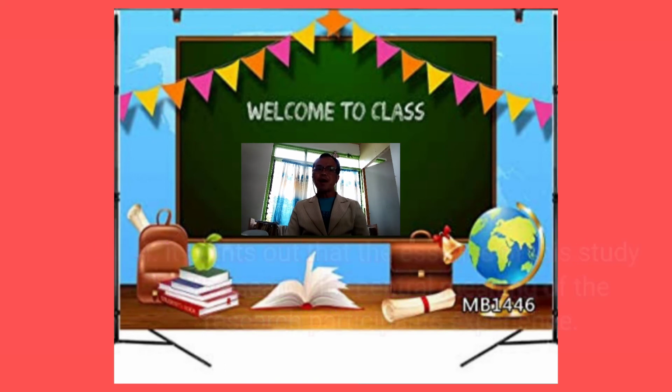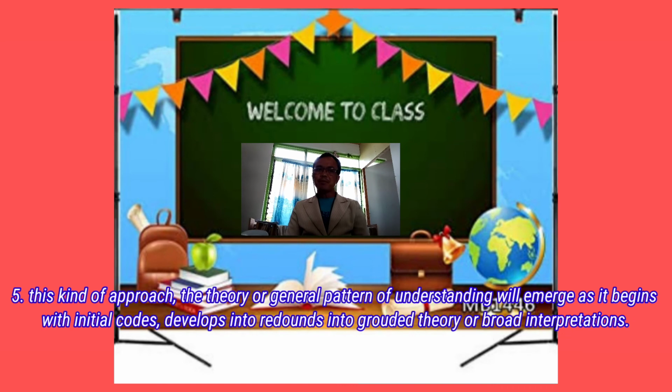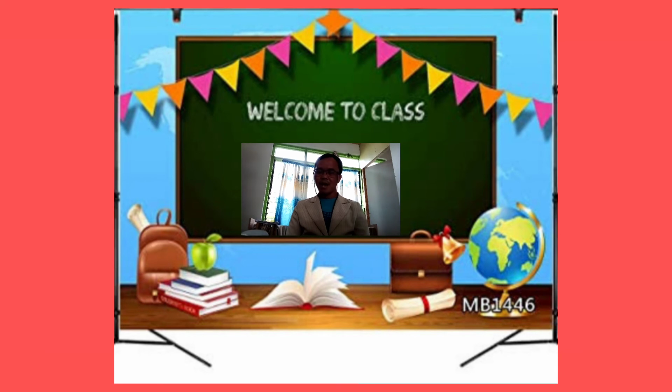And for number 5, in this kind of approach, the theory or general pattern will emerge, beginning with initial codes and developing into grounded theory or a broad interpretation. Are you finished, class? Okay, right. Now let us check this activity before we go further.